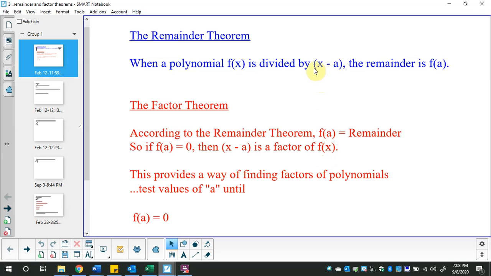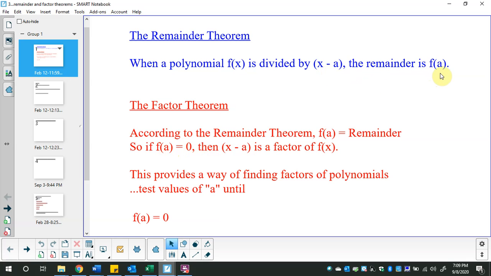Next, you will be given a divisor in either case, and you get to solve for x so that the number you input into f of x is the solution to the divisor when set equal to 0. That is the same here.